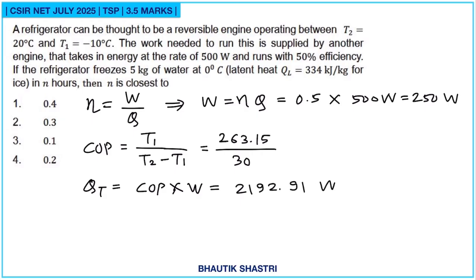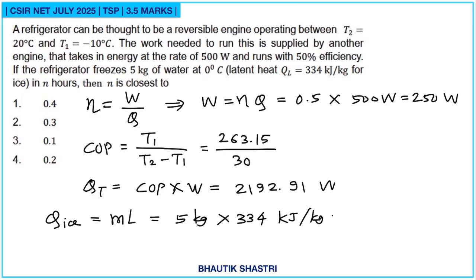2192.91 watt. Now the energy required to melt that ice is equal to M into L, where mass is 5 kg and latent heat is 334 kilojoule per kg. So the time required will be this Q ice upon QT.